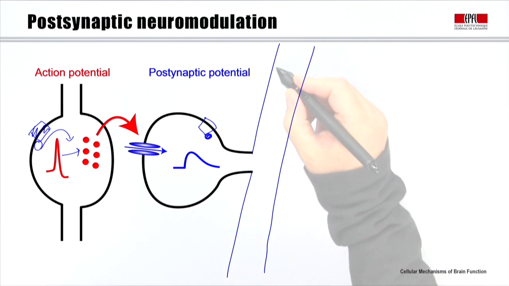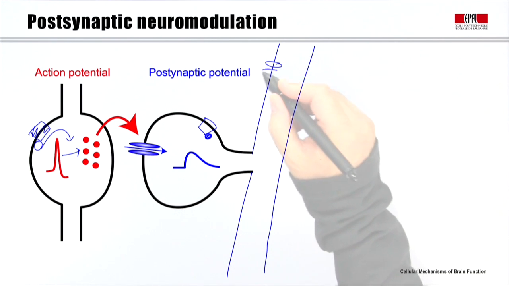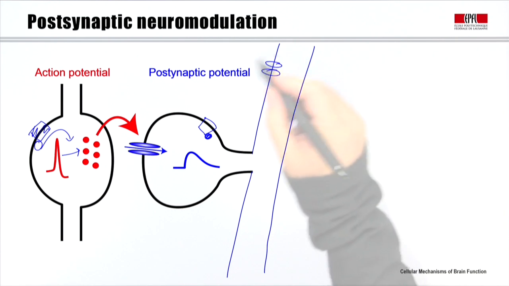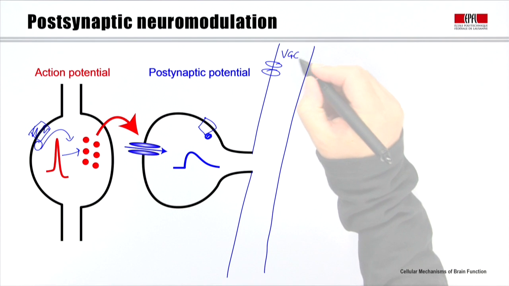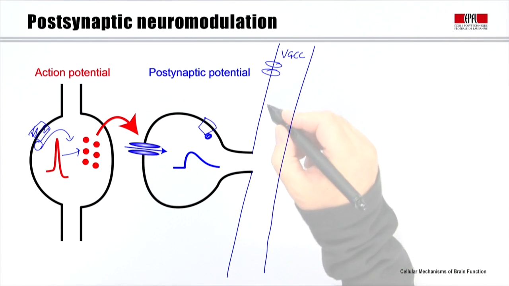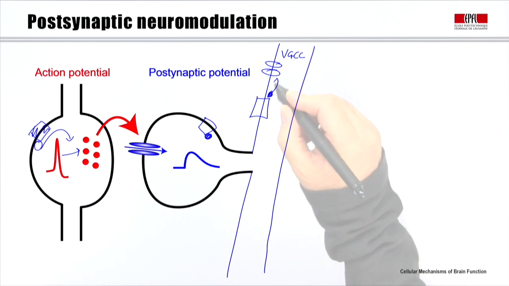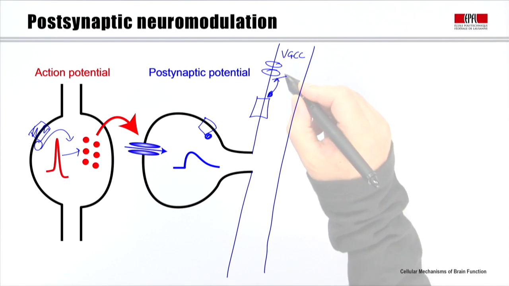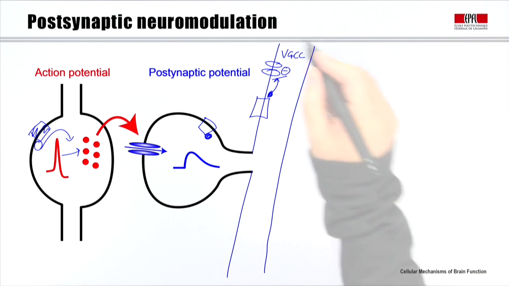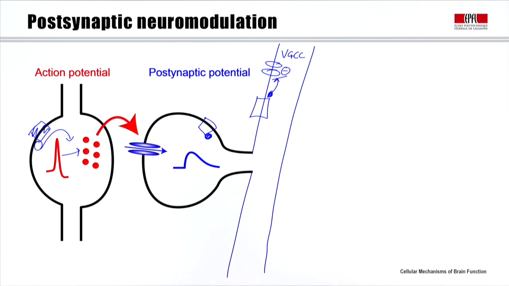In part, it might affect similar things postsynaptically as presynaptically. In fact, we also have voltage-gated calcium channels here on the postsynaptic membrane, and 7 transmembrane receptors via G proteins have been shown also to block voltage-gated calcium channels on the postsynaptic dendrites. And so that's one similarity about the signaling processes in the presynaptic and the postsynaptic specializations.